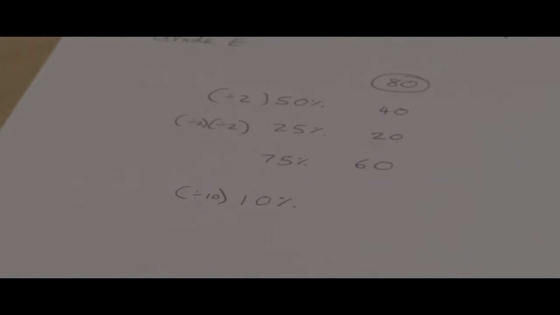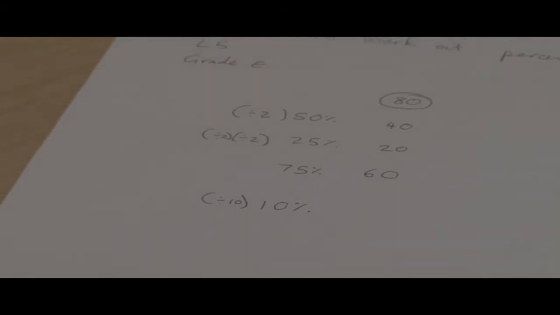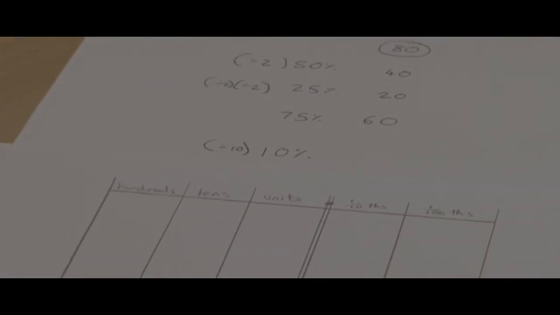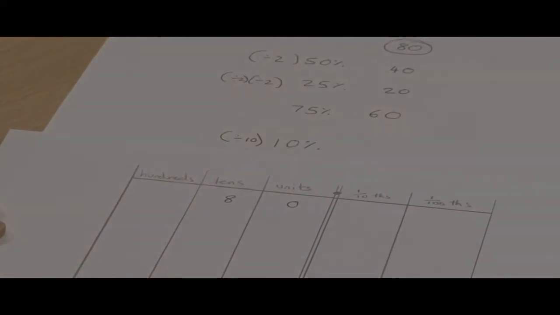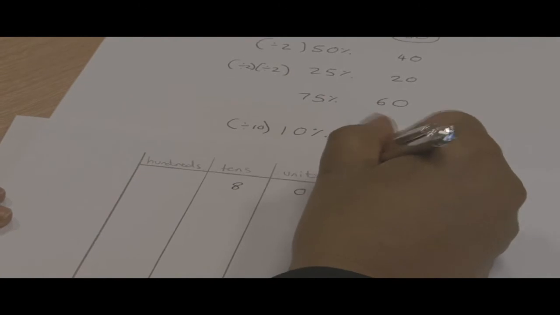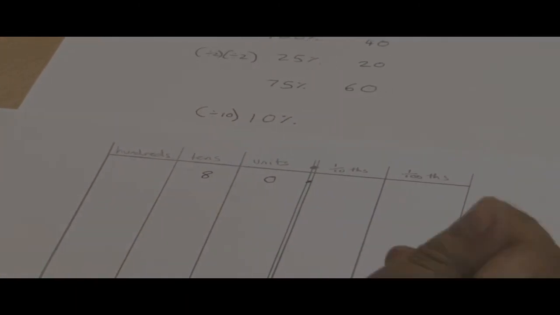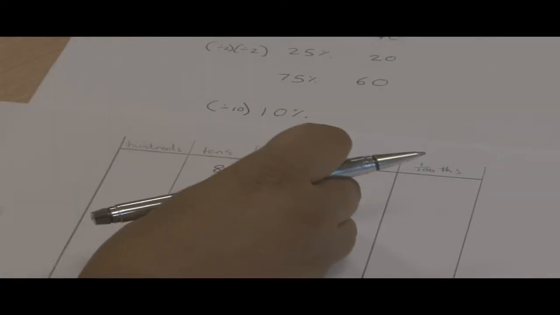Okay? So if we look at a place value chart here, we've got the number 80. The decimal point's there, the decimal point never moves. When we're dividing by 10, the digits move one place to the right.